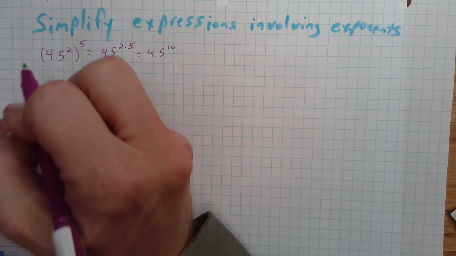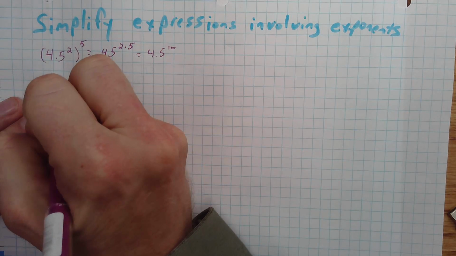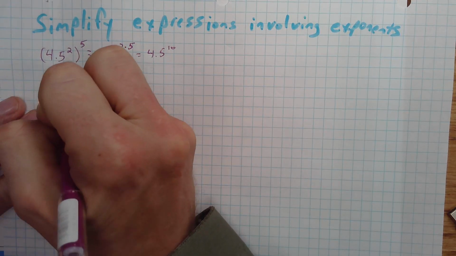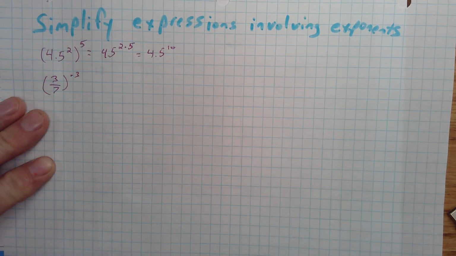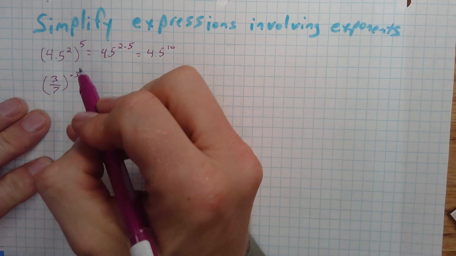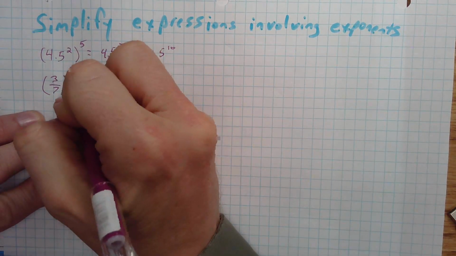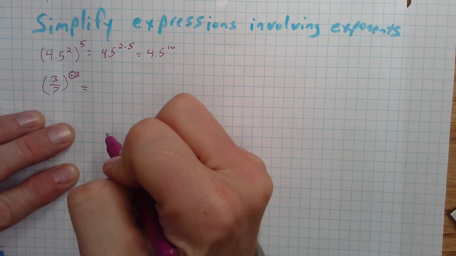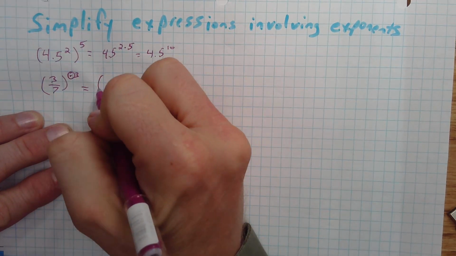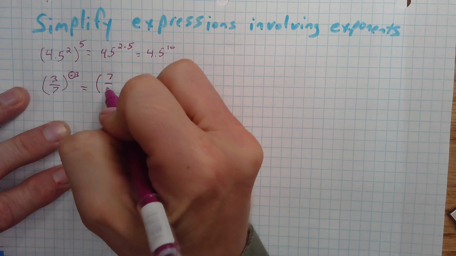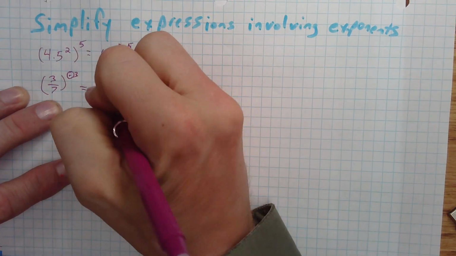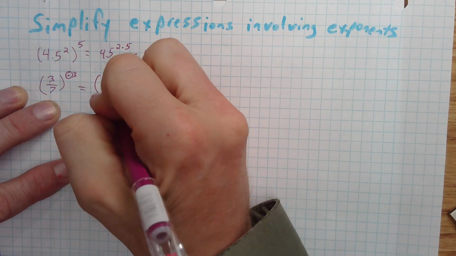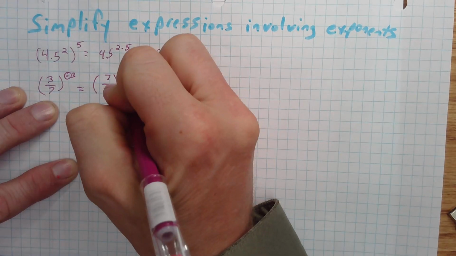All right, here is 3/7 raised to the negative third. There are two things you have to do here. The first one is you have to deal with this negative sign. When you have a negative exponent, it inverts the base. So it turns into 7/3, and you still have it to the third.